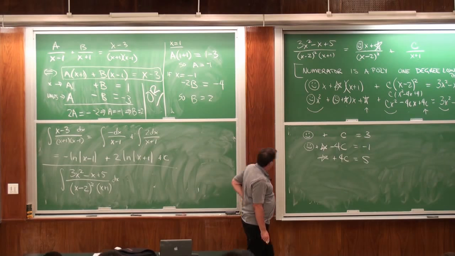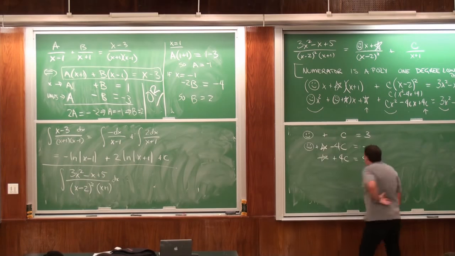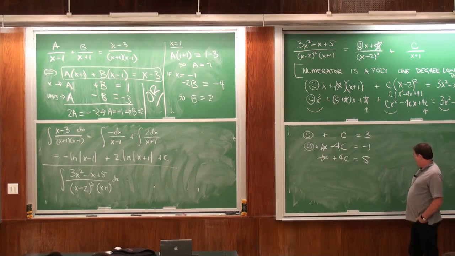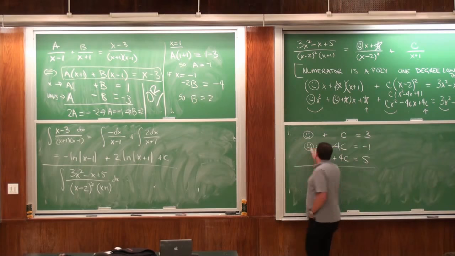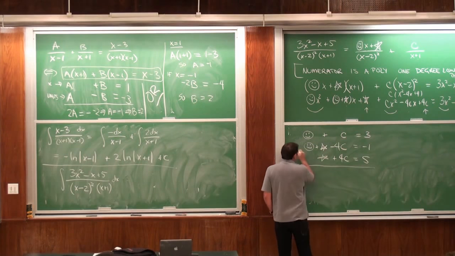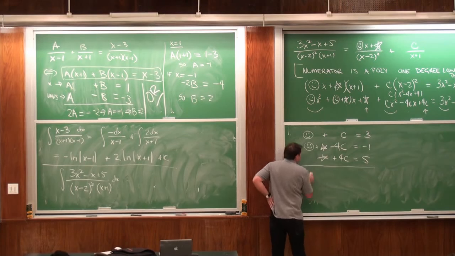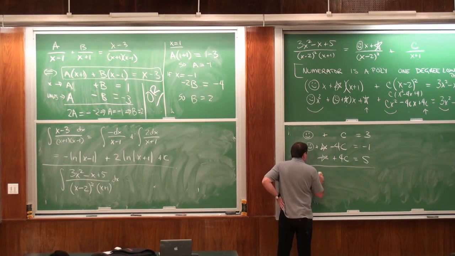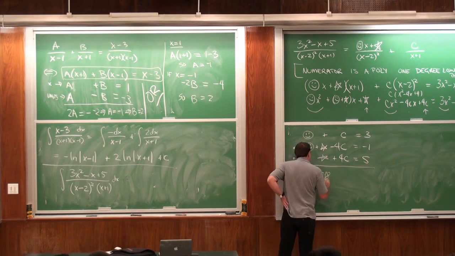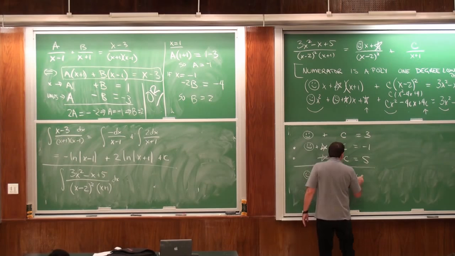I should have done it the other way. I think they did in my office. Oh well. So if I add these together, I get, adding this one and this one gives me smiley face plus 2 stars equals 4.